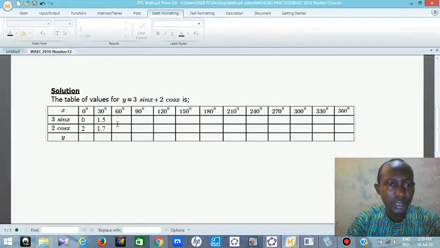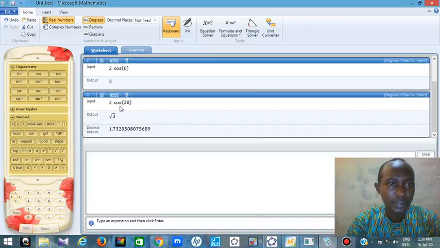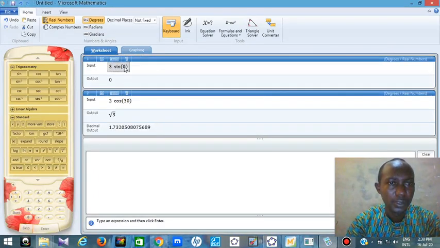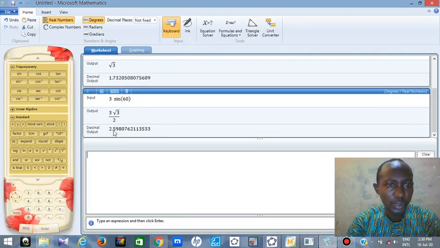1.7. Then in this place, 3 sine x. Go fast. So when x is 30 degrees, let's put this one. When x is, we're in 60 now, so 60 is giving us 2.4.